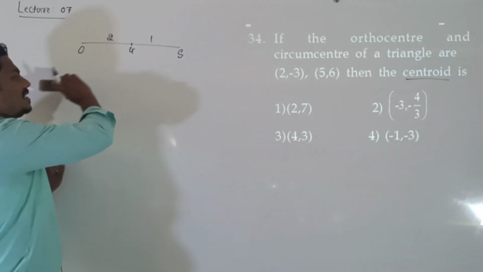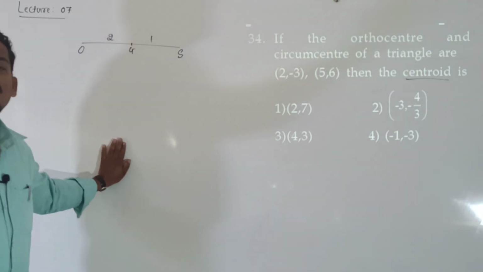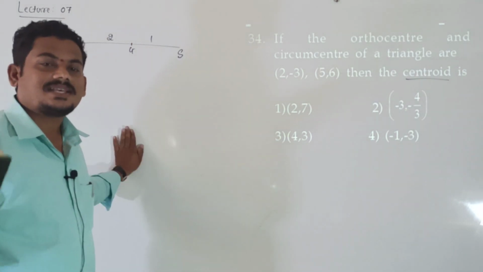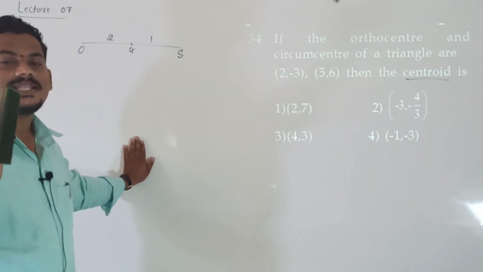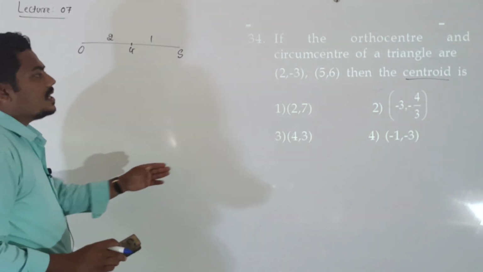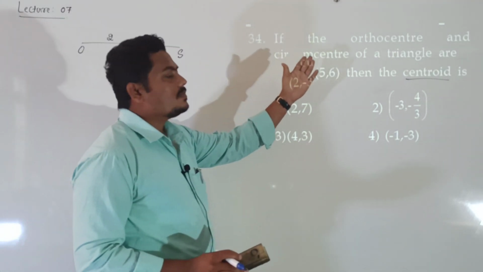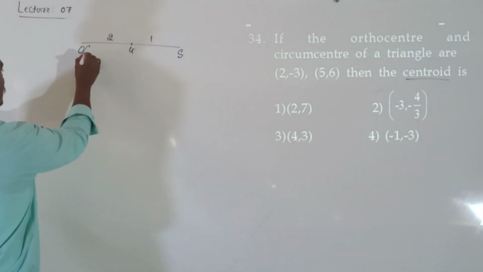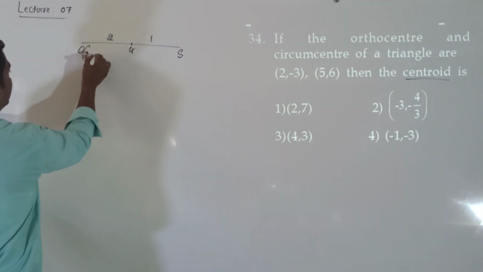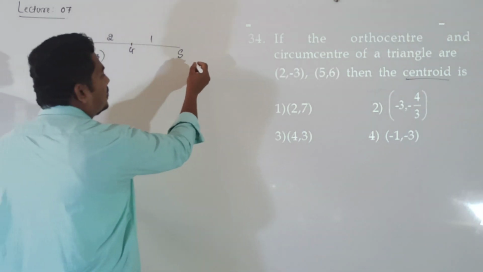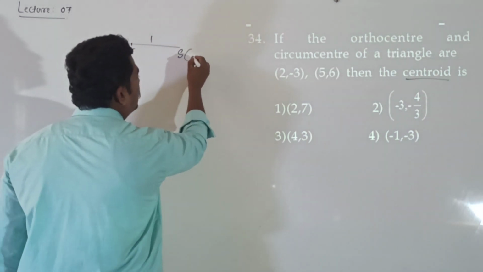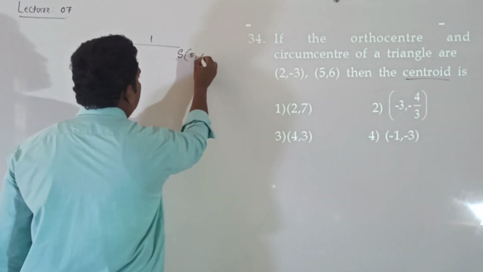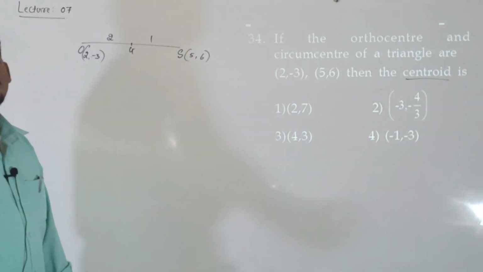If these 3 points lie on the same line, then centroid divides orthocenter and circumcenter of a triangle in the ratio of 2:1. In that, orthocenter and circumcenter are given. Orthocenter is 2 comma minus 3 and circumcenter is 5 comma 6.